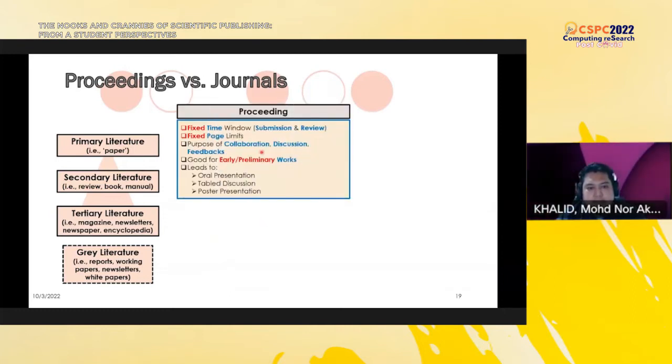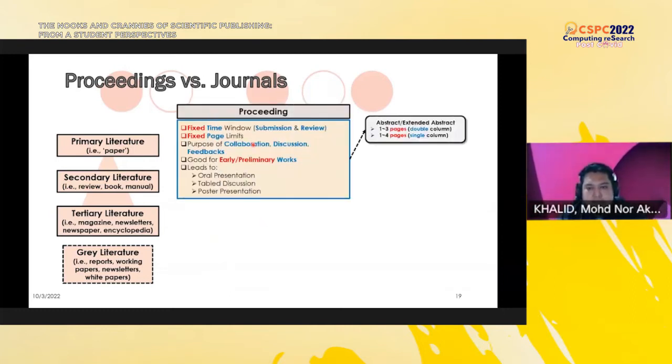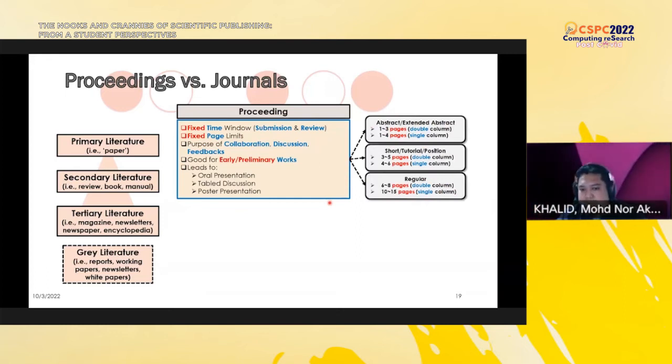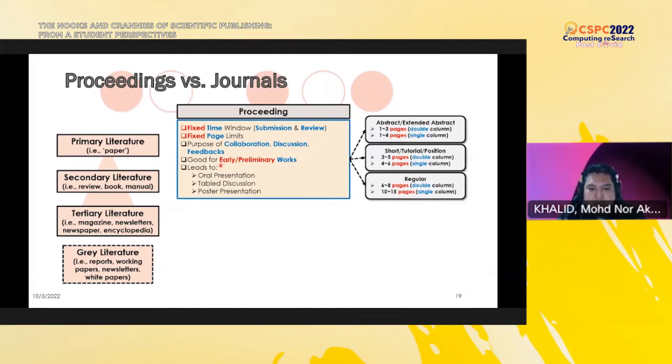And then the comparison between proceeding and journal, I think most of you already know. Even the proceeding can be a short version of a paper like abstract or extended abstract, tutorial, position paper, and even a regular paper can be long depending on the call. But the purpose of proceeding is usually to collaborate, discuss, and get feedback from other people, from international audience, and it's good if you have some early or preliminary work, meaning your work is not finished yet.